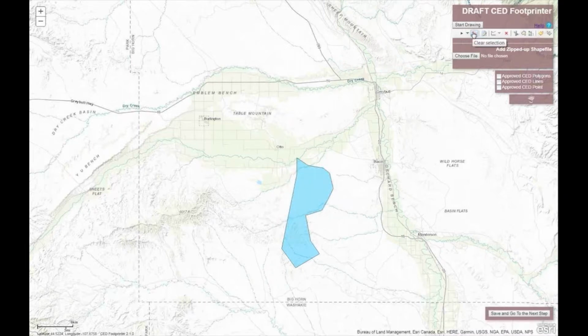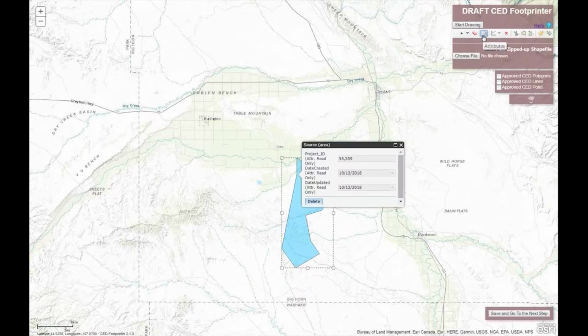If I don't want to have it selected anymore, I can clear the selection. I'm going to select it again. And if I want to bring up the attributes again, that read-only information in the pop-up, I can click the attributes tool. Next, I could delete it, but I don't want to do that quite yet.